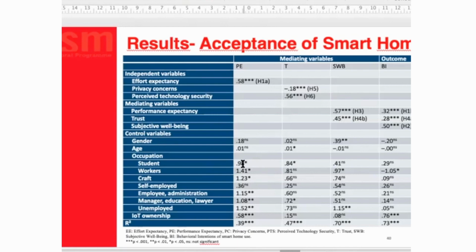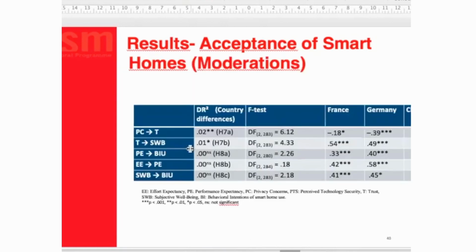Then we compare our results by country, and we see that privacy concerns are negative in all the three countries. And so the link of privacy concerns on trust is negative, but only significant in Germany and France, and highly significant and highly negative in Germany.